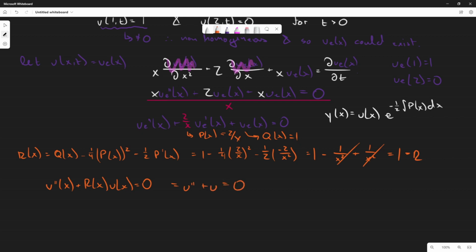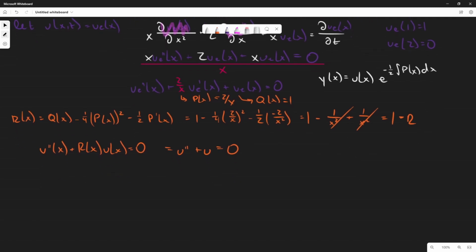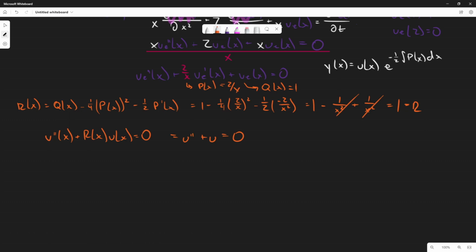We're going to use the table method to solve this. We see that d is going to be equal to 0 minus 4 times 1 times 1, which is equal to negative 4, so that'll be less than 0. So we have the first case on the table.